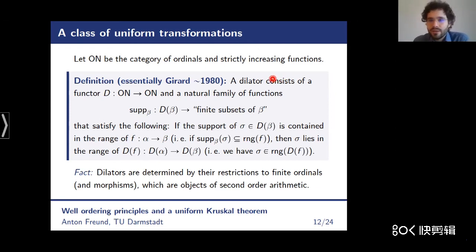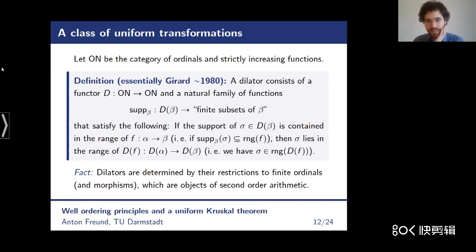And now a notion which is due to Girard. I wrote essentially Girard because I formulated the definition in a rather different way. But a concept that's due to Girard is the concept of dilator. And such a dilator consists of a functor from ordinals to ordinals and a natural family of functions that compute certain supports.